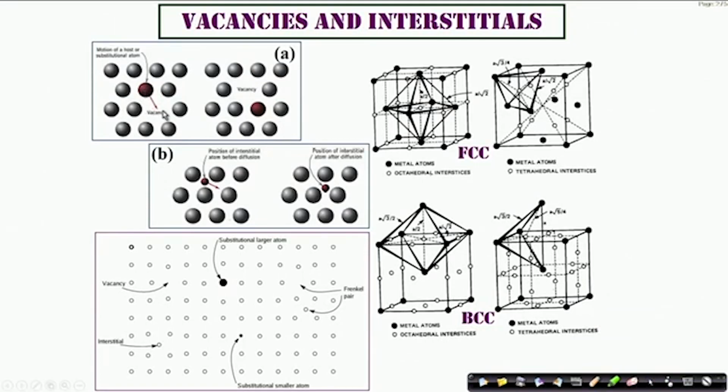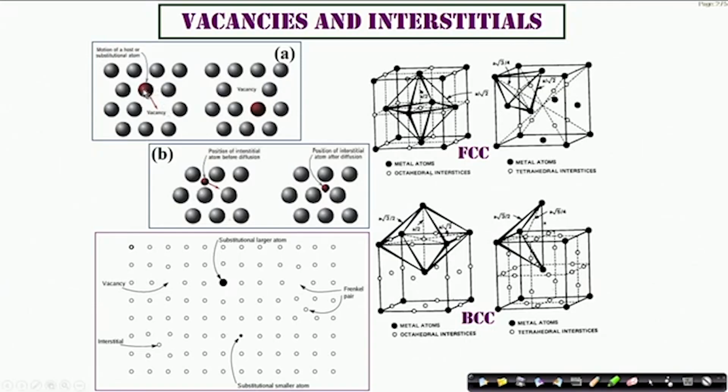So how do they actually help, or how do they affect the properties? For various processes, either for transformation or for mechanical deformations or various kinds of shape changes, we need atomic mobility. And an atom always finds it easier to jump into a next possible site, a neighboring site, if that site happens to be vacant.